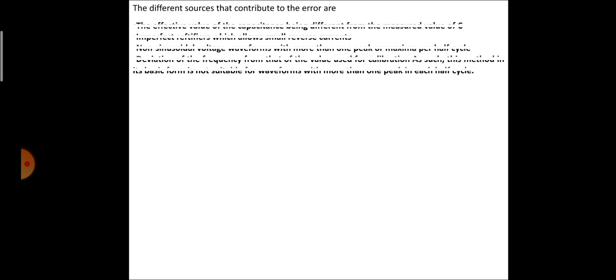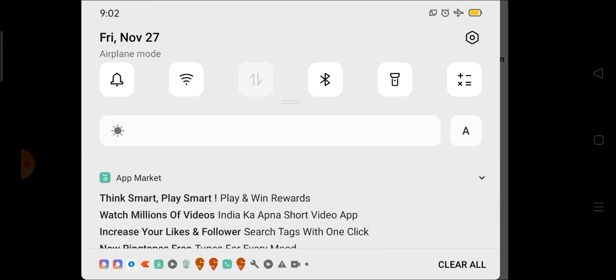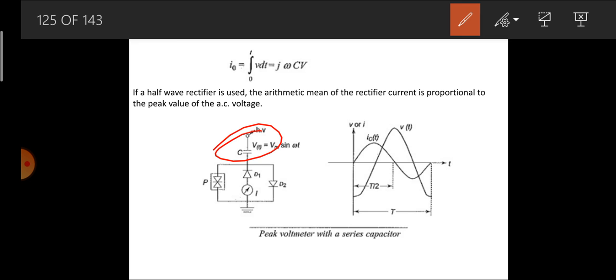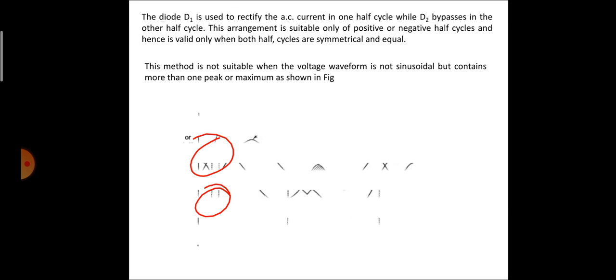Now, the different sources that contribute to the error are: first, the effective value of the capacitance being different from the measured value of C. If the effective value of the capacitance is not taken properly and is different from what we have measured, that may contribute to error.